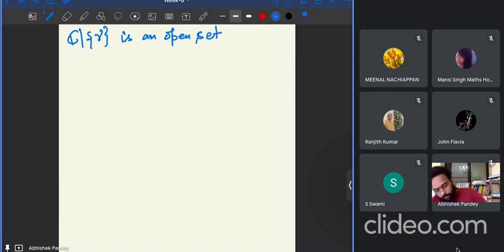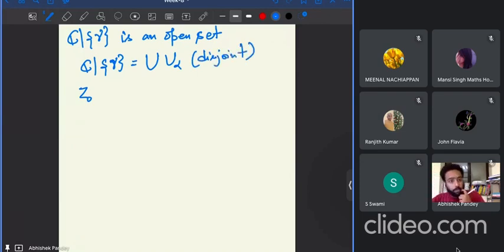So C minus gamma is nothing but the union of these components, a disjoint union. So this z naught will belong to some of this U alpha. Let us say z naught belongs to U, one of such components.